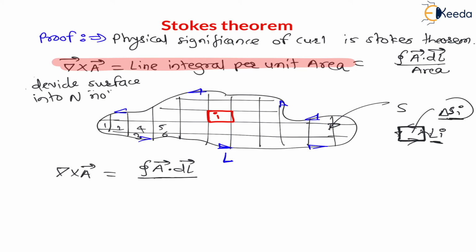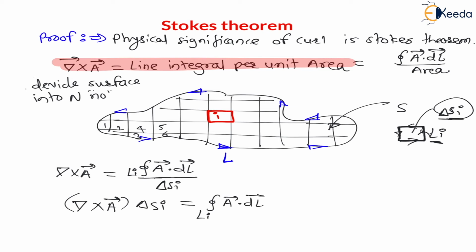The area is del Si. Let us take this area to the left side. Therefore, curl del cross A into del Si will be equal to the line integral over the closed path Li of vector A dot dl.